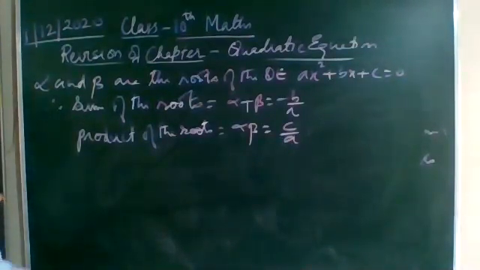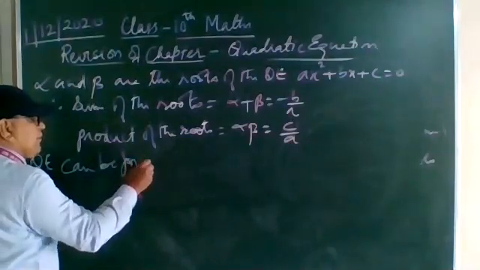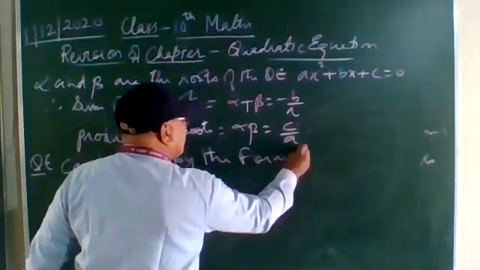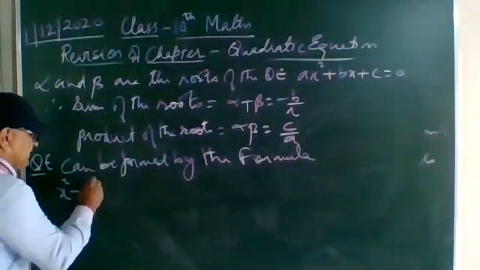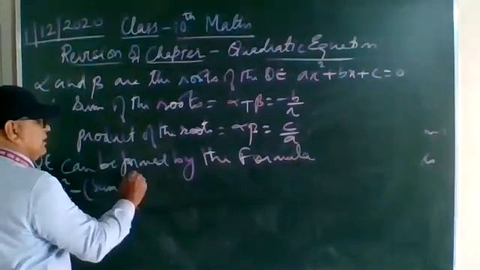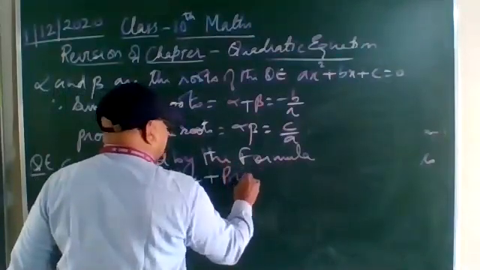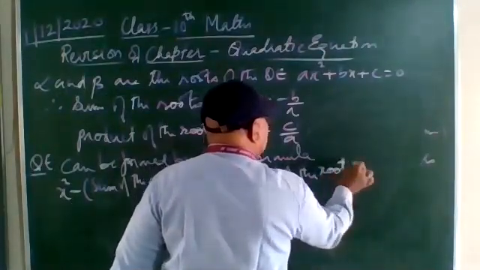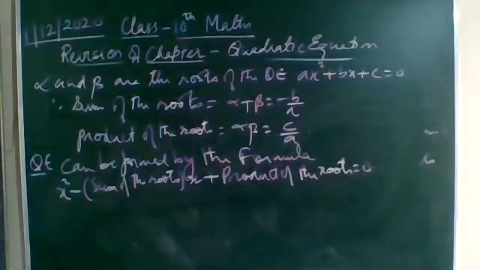Now, a quadratic equation can be formed by the formula x square minus sum of the roots x plus product of the roots equal to 0.